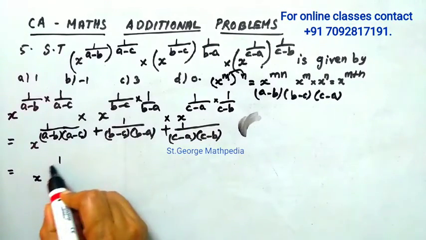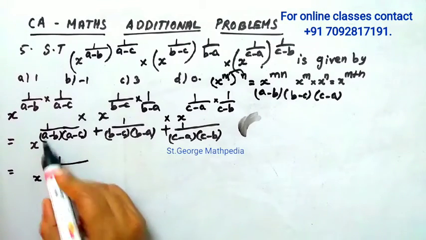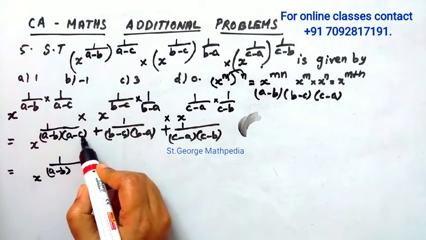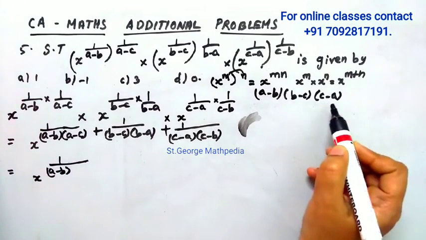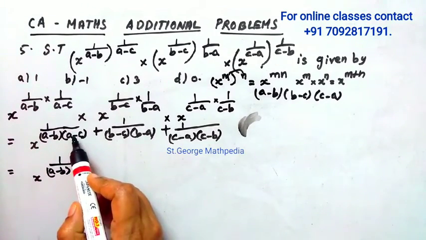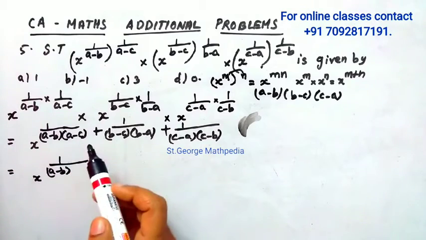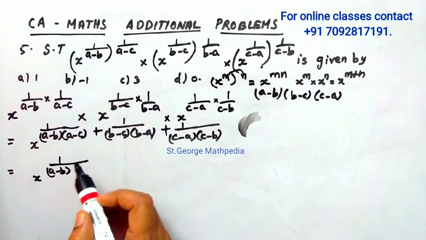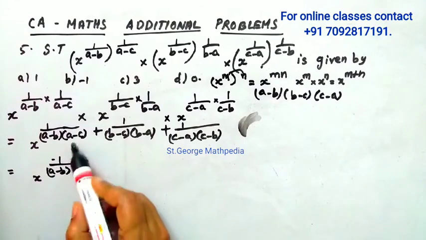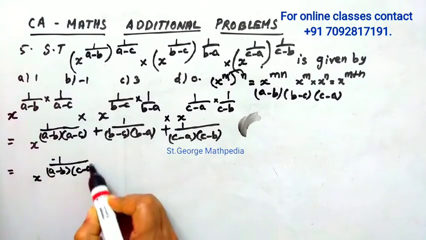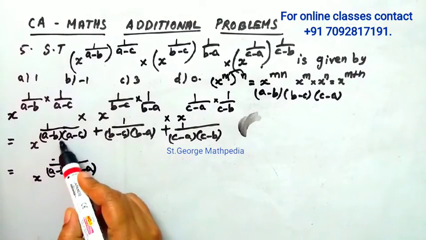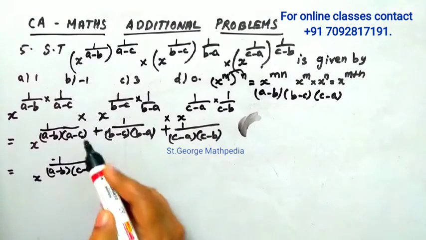Let us write 1 divided by a minus b and a minus c, but we have to write it in c minus a order, right? So you can take a minus from the term a minus c, and it will become c minus a. So when you take minus, minus will become plus and plus will become minus, right?